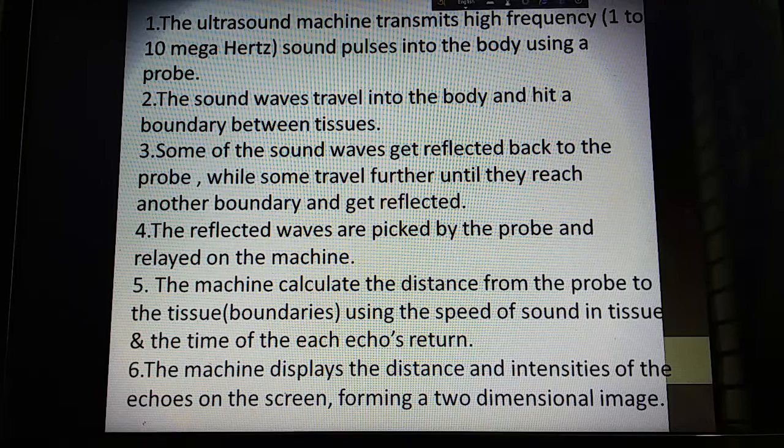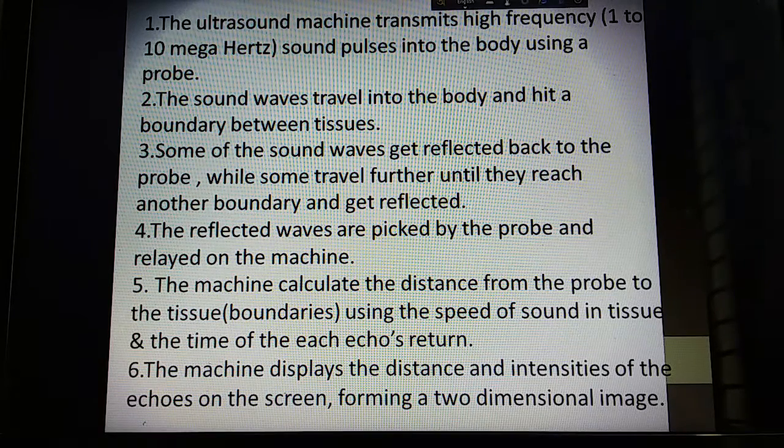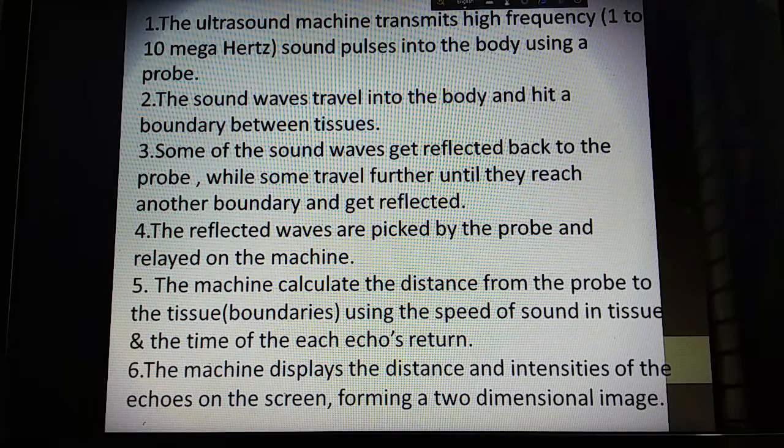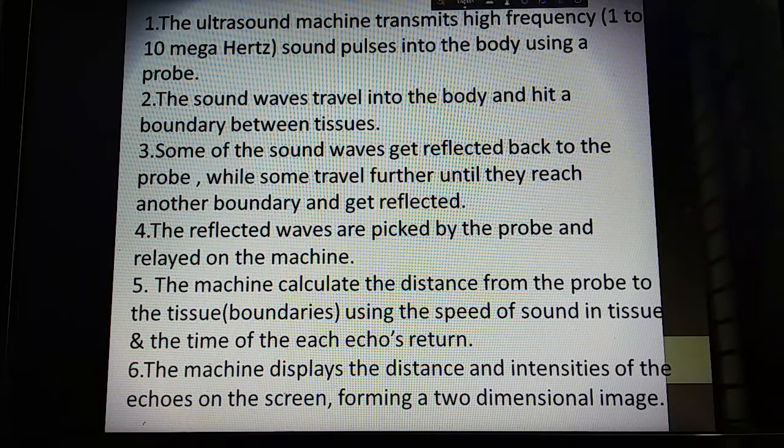The machine displays the distance and intensities of the echoes on the screen, forming a two-dimensional image. So this is the ultrasound process: how ultrasounds are created, how they pass through the body, how they get reflected, and how they create an image.